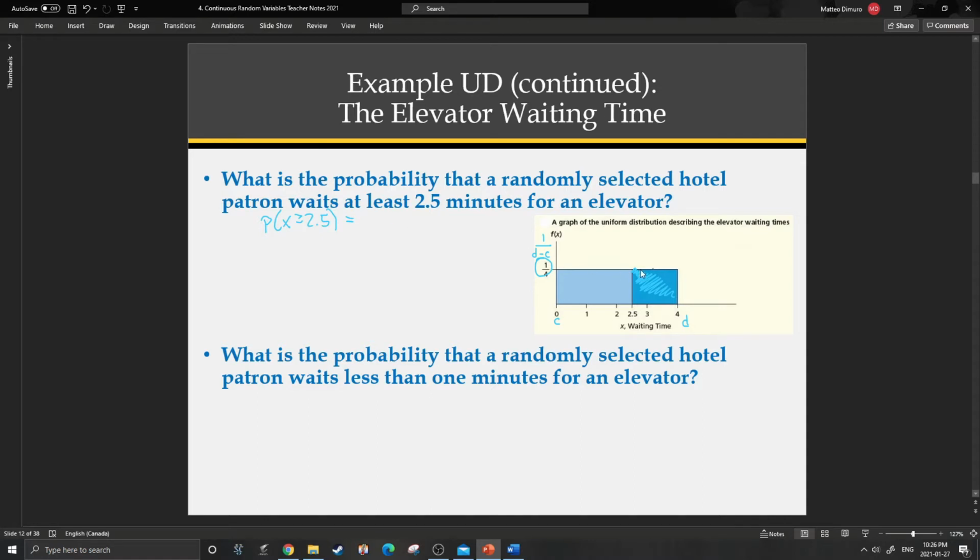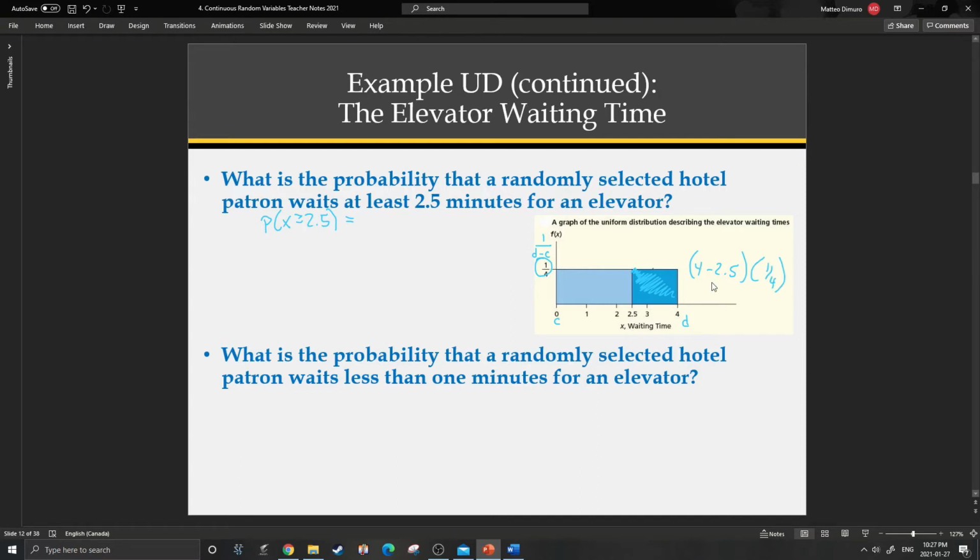Well, if you just stop for a second and use your knowledge of rectangles and calculating areas of rectangles, you know that to figure out this length, you're going to go 4 minus 2.5, right? And that'll be like, oh, okay, so that's 1.5. And then what's the height of the rectangle? Well, the height of the rectangle is 1/4.